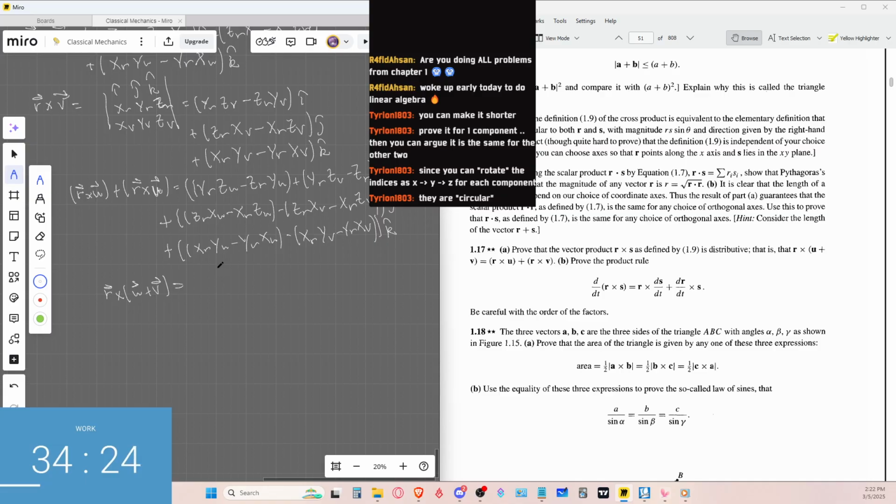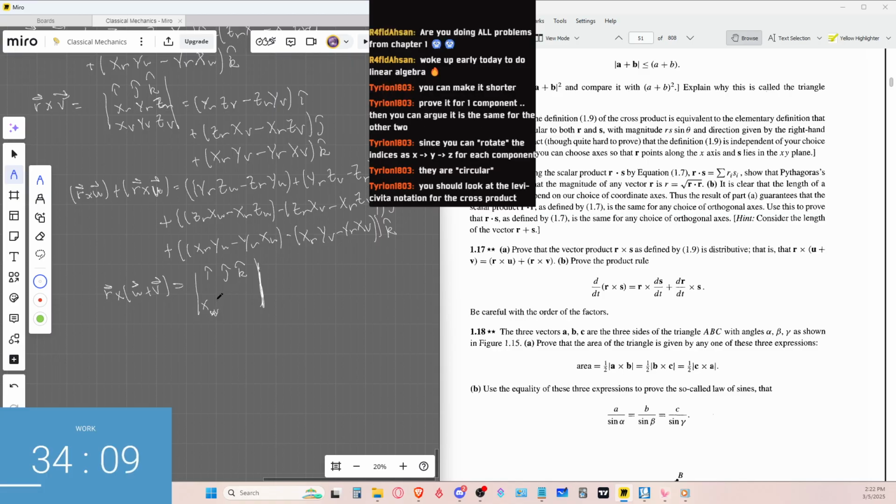So basically, we are given... just put UV on the bottom. I don't want to rewrite everything. UV.